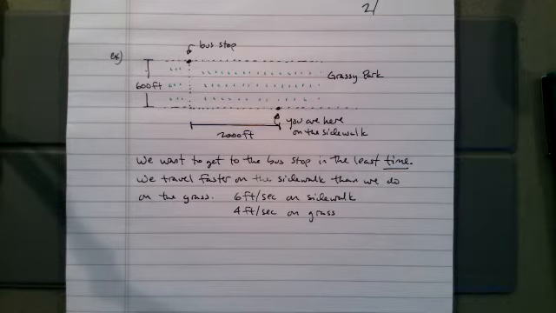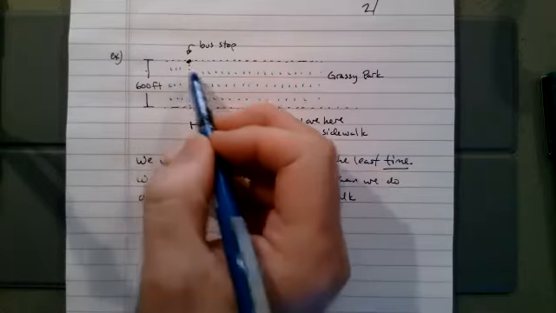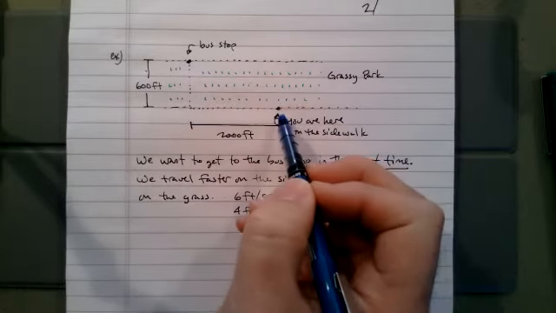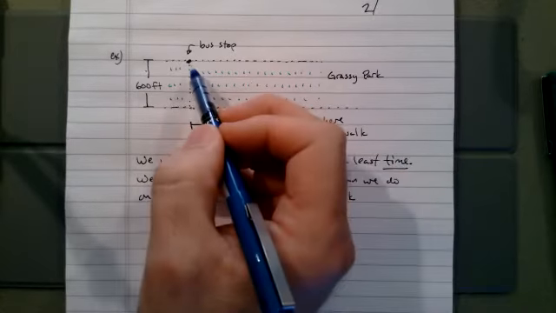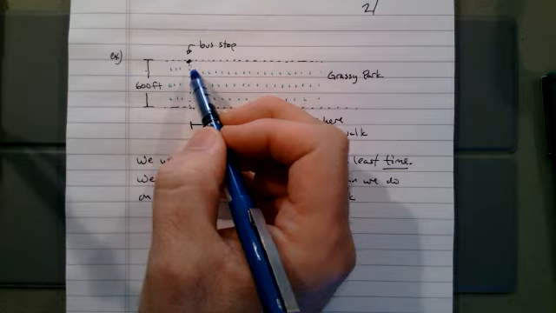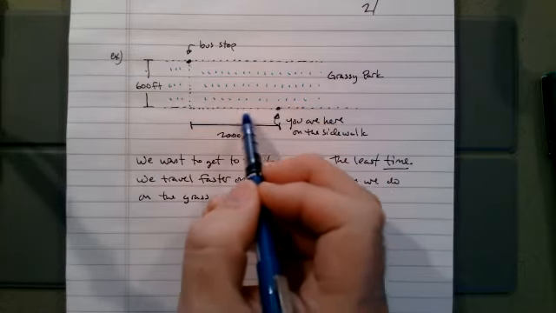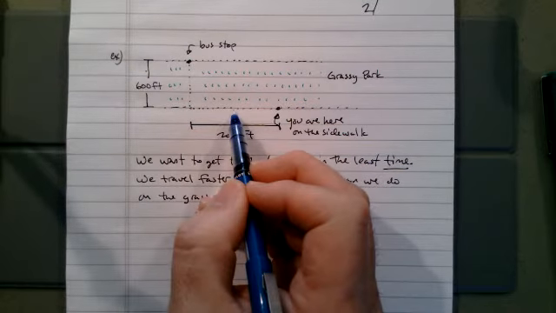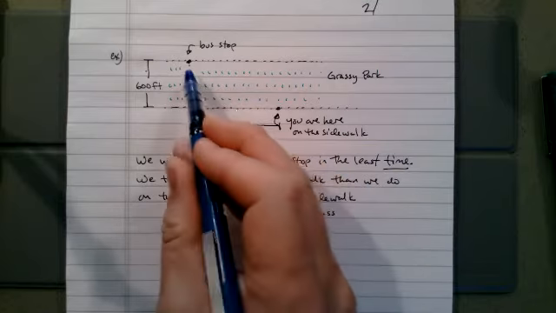So what we want to do is set up a function that represents how fast we can get from where we are to the bus stop. What we're going to do is walk along the sidewalk for a little while and then go straight to the bus stop.